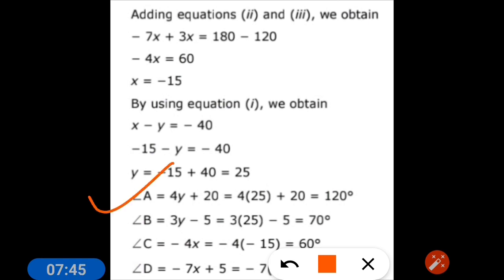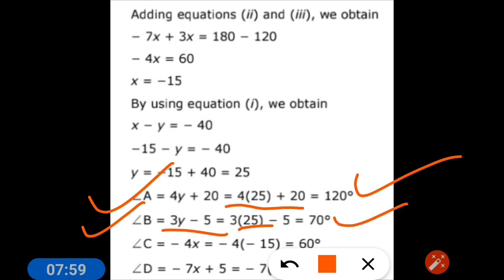A was 4y plus 20, so put the value of y here, and A is now 120 degrees. In the same way, you can get the value of B, that is 3y minus 5, and the value of y is 25, so it will be 70 degrees.